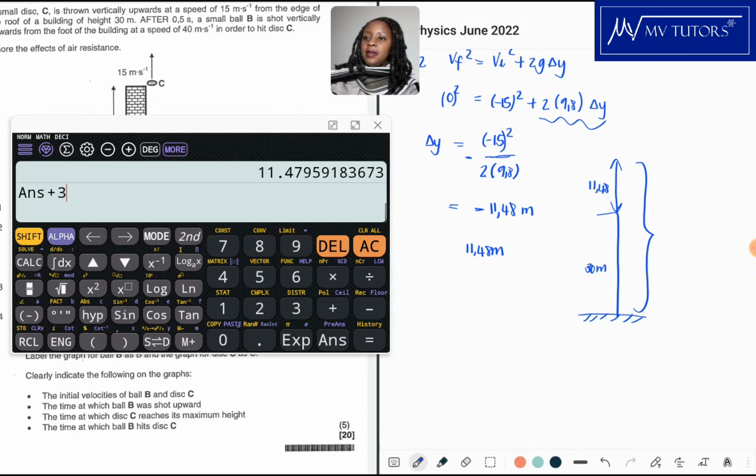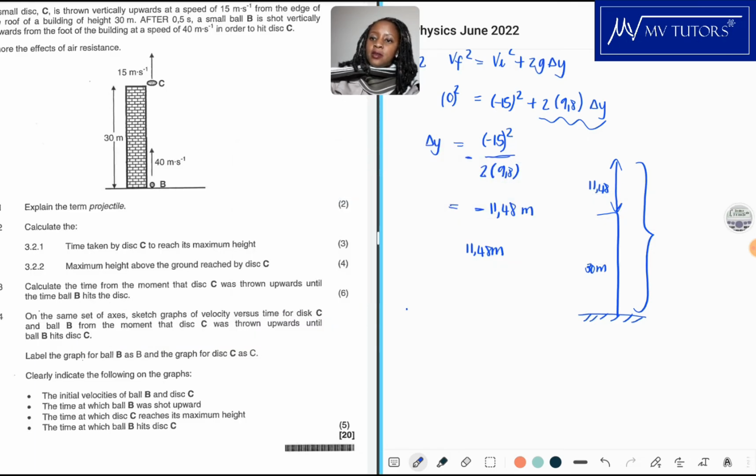So that plus 30, so that's 41.48. So therefore the answer is 41.48 meters. Okay, and yeah, that should be it.